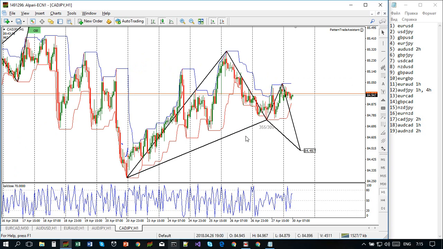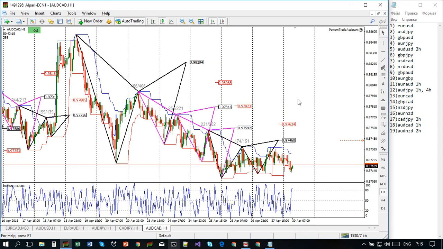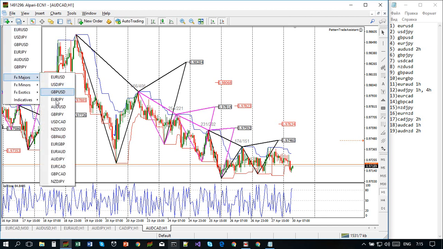Okay, then let's go to Aussie Canada 1 hour. AUD CAD. One hour. We have this unified Gartley and cipher, and Aussie New Zealand 2 hour. AUD NZD 2 hour.